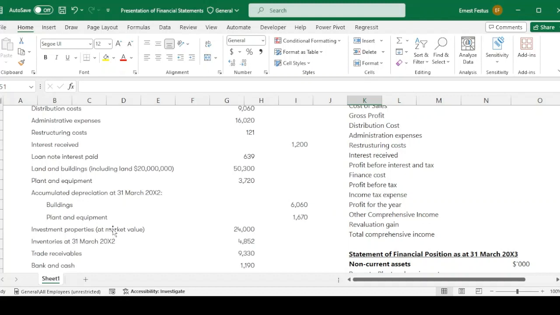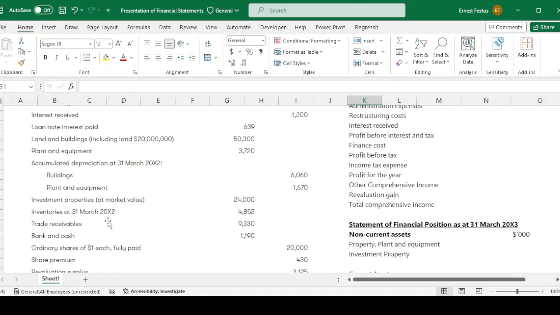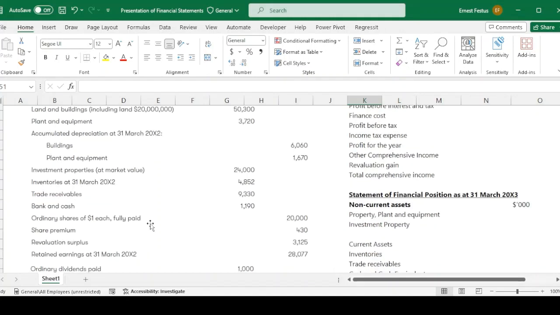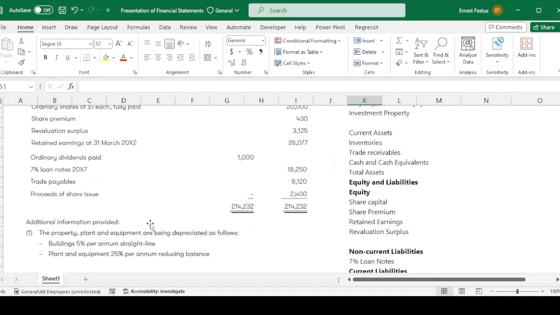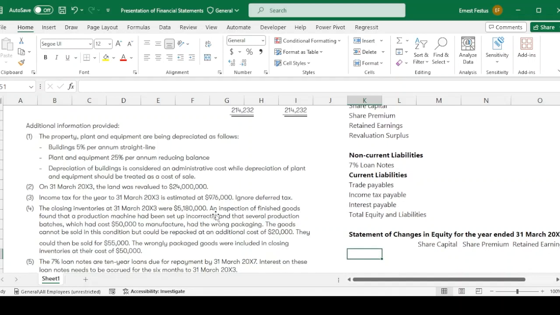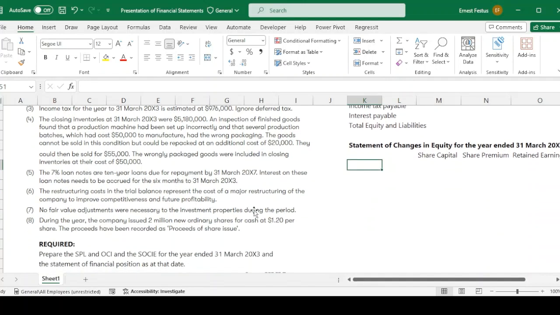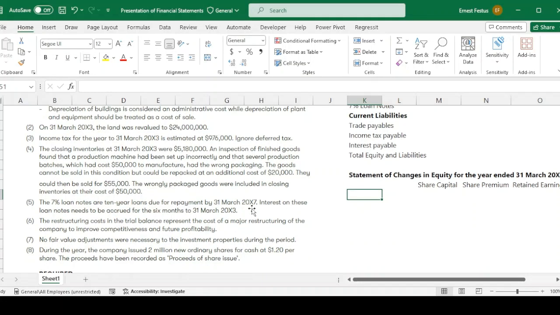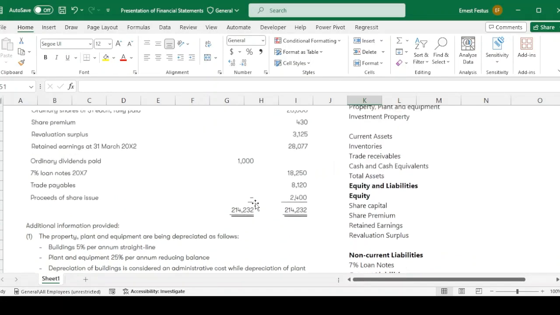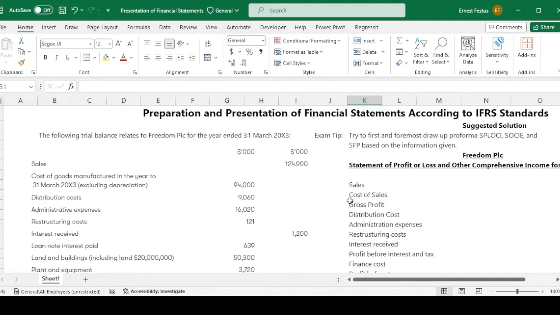You should also be conversant with inventories, IAS 2, and investment properties, IAS 40. These are key IFRS standards that you should know at your fingertips before you can confidently solve questions on financial statements preparation, because you are actually preparing the financial statements in accordance with those standards. All right, so that is just a bonus tip I'm giving you.